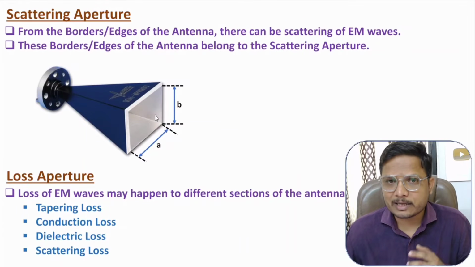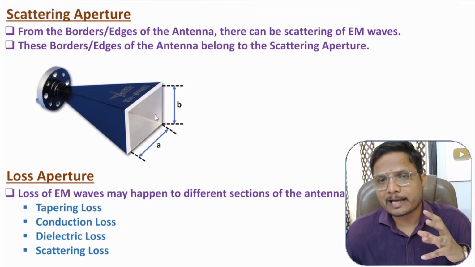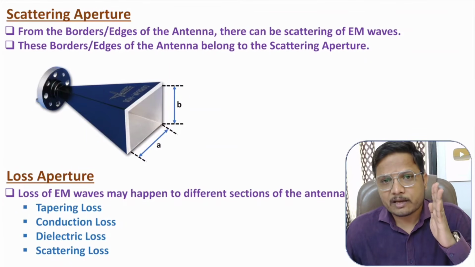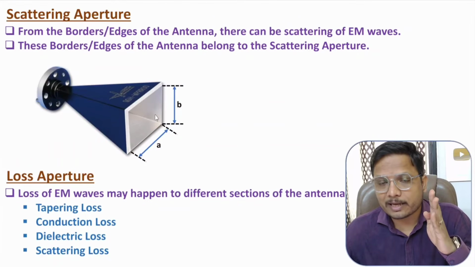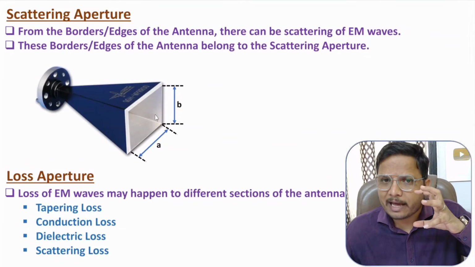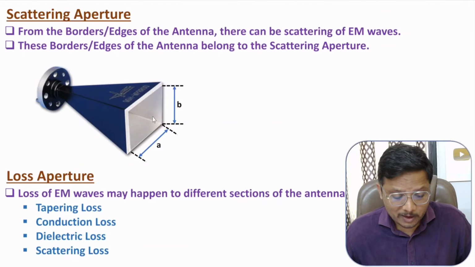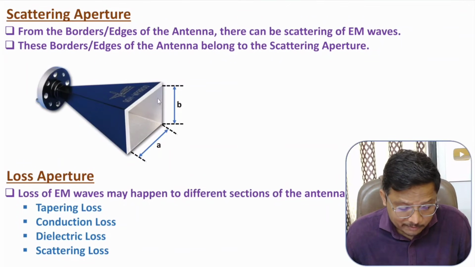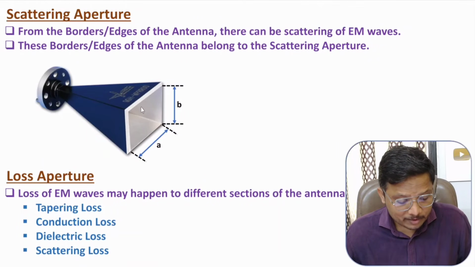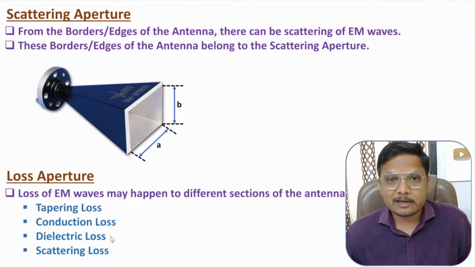In conduction loss, usually what happens with walls is, if the electric field is not zero, in that case the wall will be absorbing the EM waves which are coming on it, right? So ideally there should be zero electric field on the walls, right? And if it is not, in that case there can be conduction loss, as we are using metallic walls over here with the horn. There can also be dielectric loss.